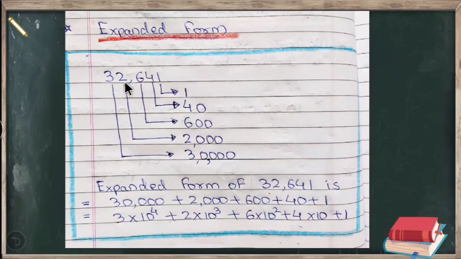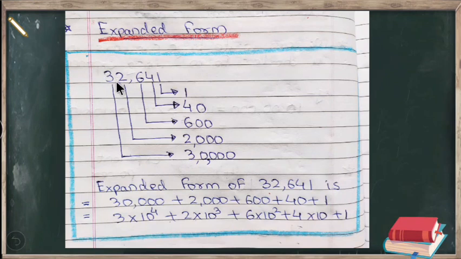Similarly after digit 2 we have 3 digits, so we will write 2 and 3 zeros, and after digit 3 we have 4 digits, so we will write 3 followed by 4 zeros. When we write this number as the sum of all these place values, it will be considered the expanded form of that number.